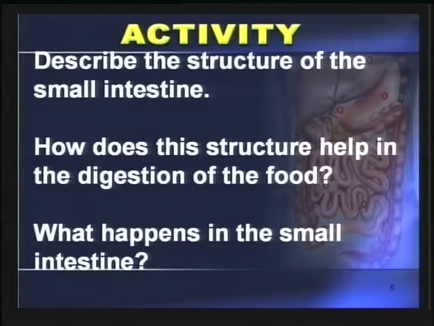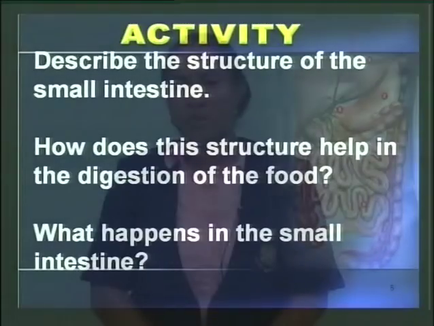Every time you eat your food, you don't know how it works, how it gets into your system and works in your body. Today, we are going to look at what happens in the small intestine after you eat your food.